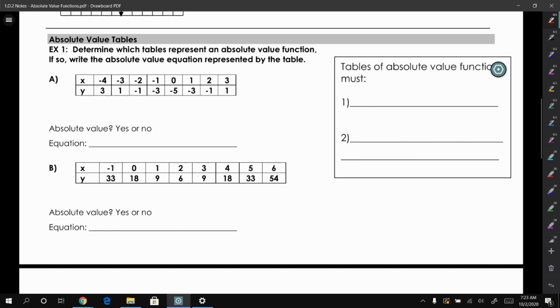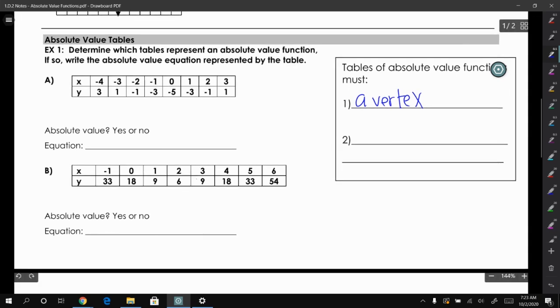So when we have an absolute value function, the table must have 2 things. It must have a vertex. And we talked about what a vertex is when we look at a graph. Now we'll talk about what it looks like when we have a table. And the second thing we must have is the y values change by the same amount, up or down.